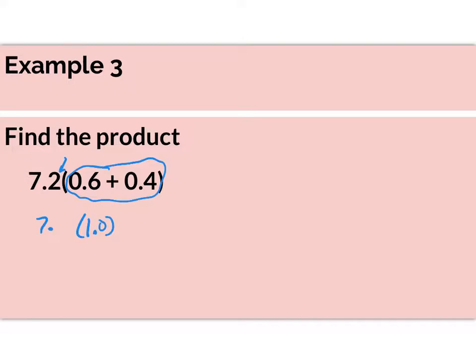And now we can multiply. And then 7.2 times 1.0. Any number times 1 is the same number, so 7.2. There's nothing to do here. There are no numbers behind the decimal, so that's done. So those are our 3 examples. I will see you at the end of this video to recap.